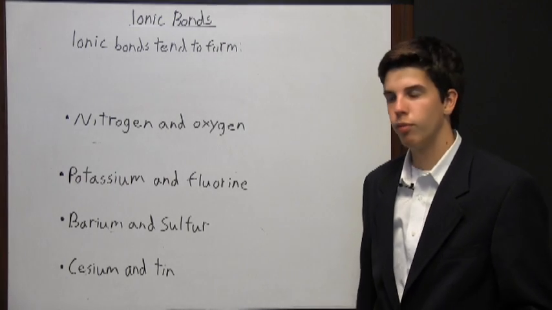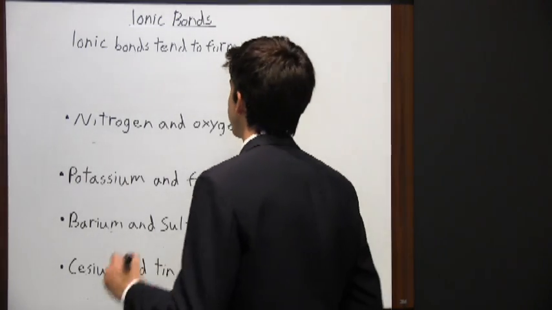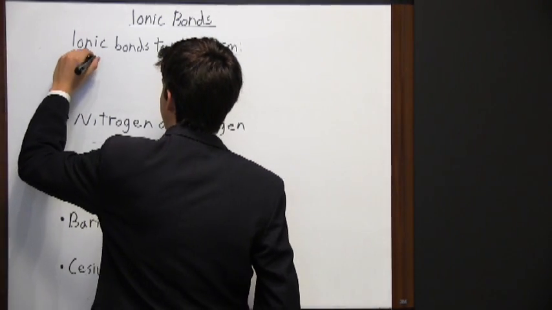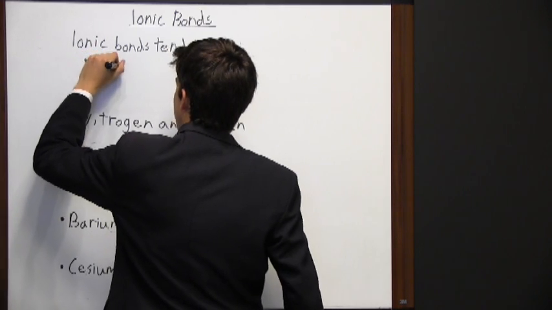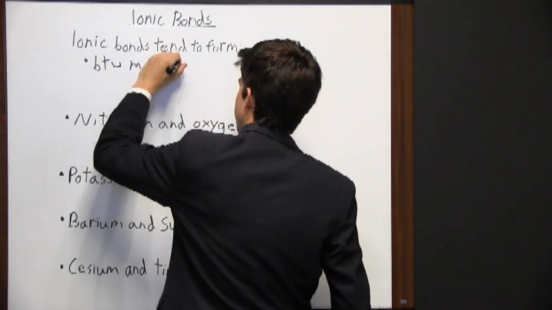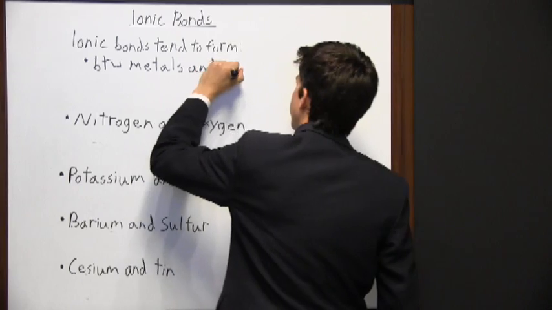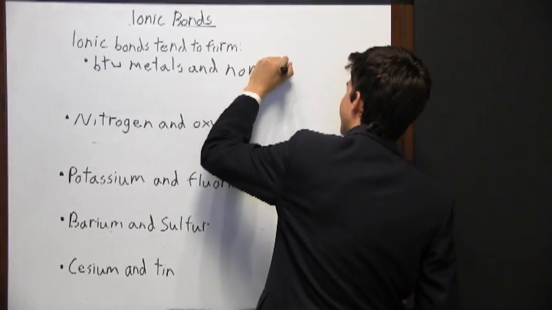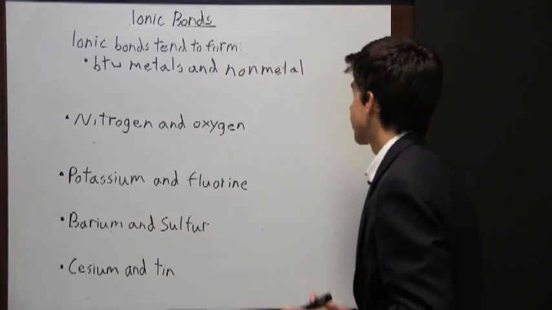Ionic bonds tend to form under 2 certain criteria. The first is that ionic bonds tend to form between metals and nonmetals. So if you have 2 elements and one's a metal and one's a nonmetal, an ionic bond is likely to form.